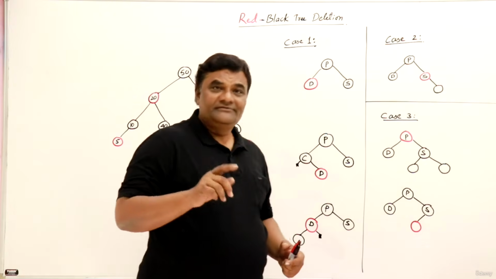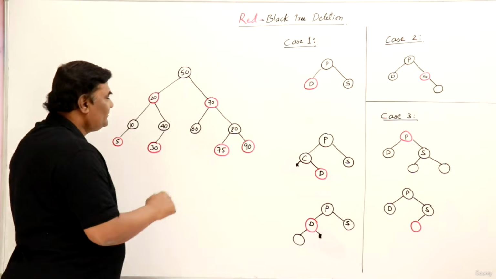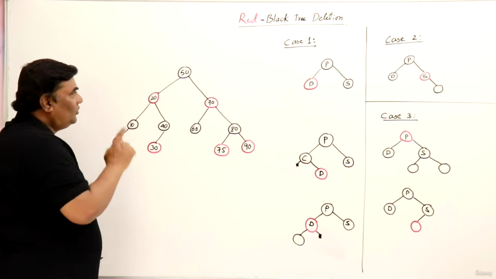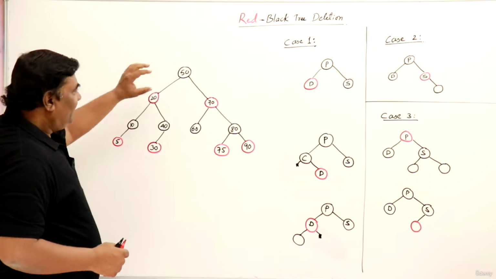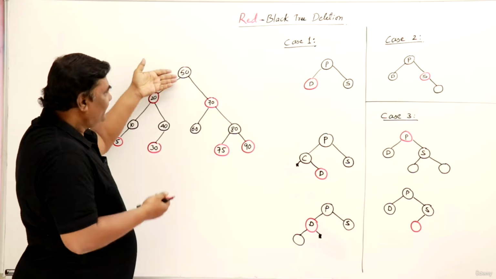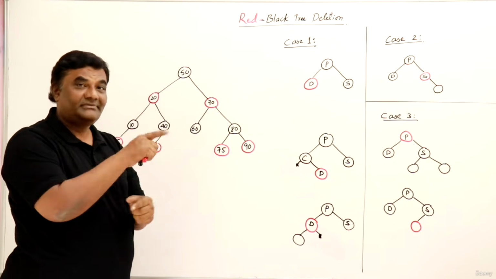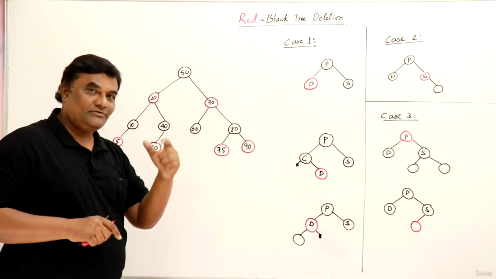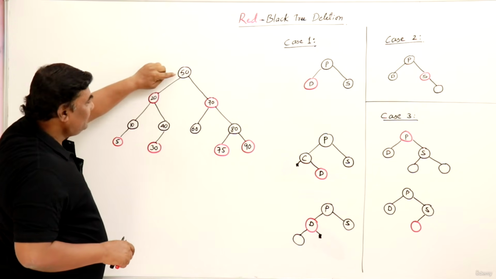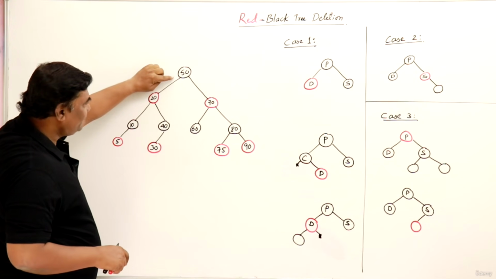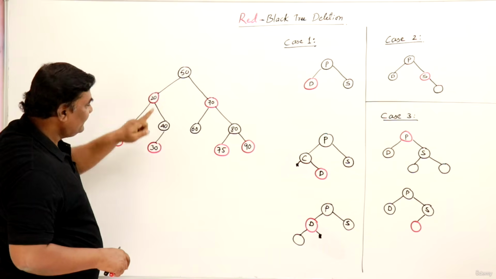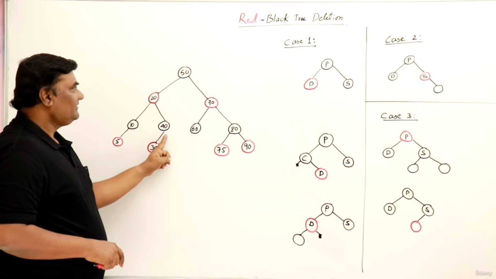Now let us observe through some more examples. Suppose I want to delete 50. Who will take its place? First of all, we'll remove 50. 50 is the first value found. So remove 50, and in its place we will bring some other node and we will delete that node. So who will come here? The in-order predecessor. Who is the in-order predecessor? Which comes before 50? 40 comes before 50.